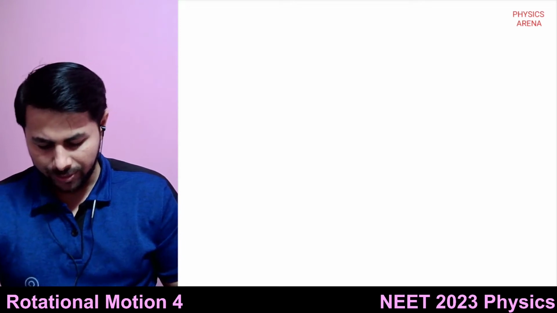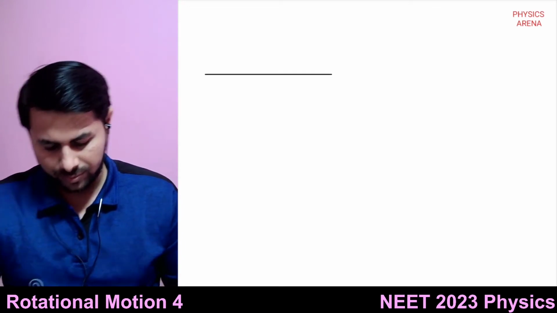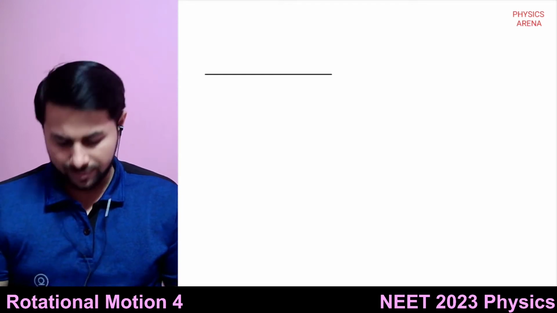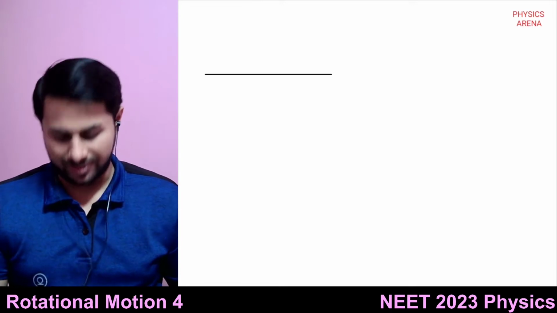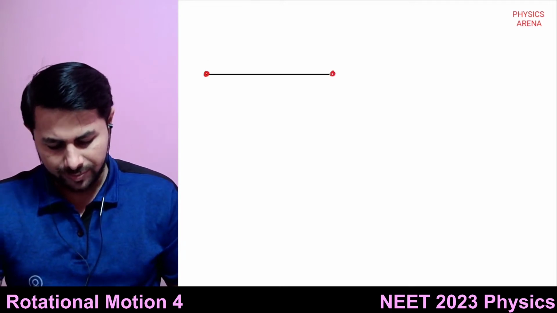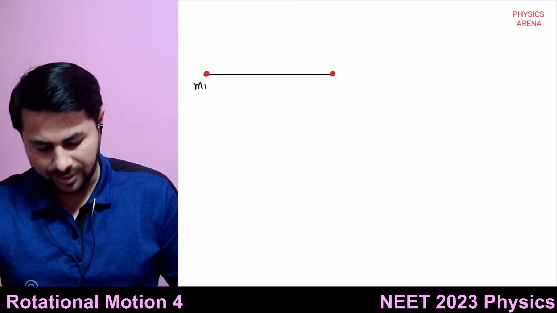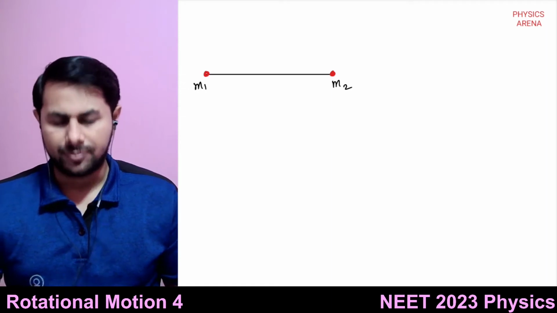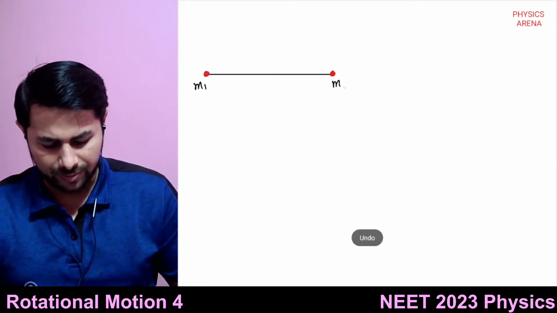Okay, so let's suppose, for an example, we have this very thin rod, and it is very light, almost negligible mass. So at the ends of this rod, we have two masses, m1 and m2, or let's call these two masses m and m only.